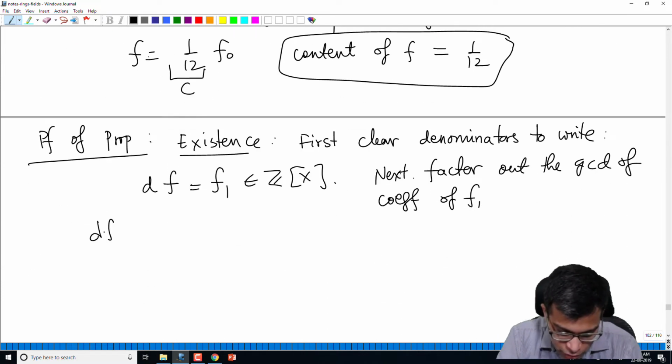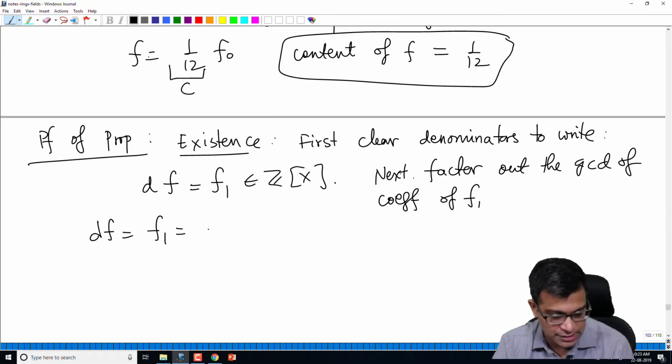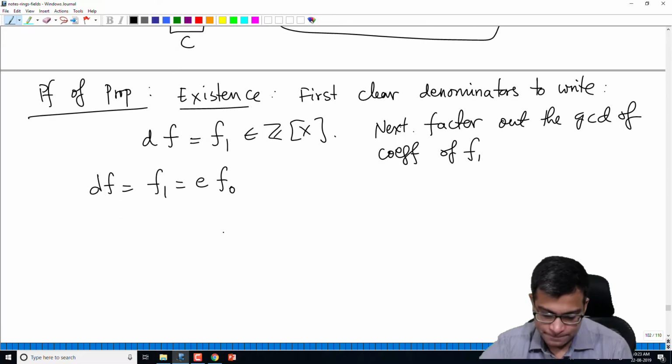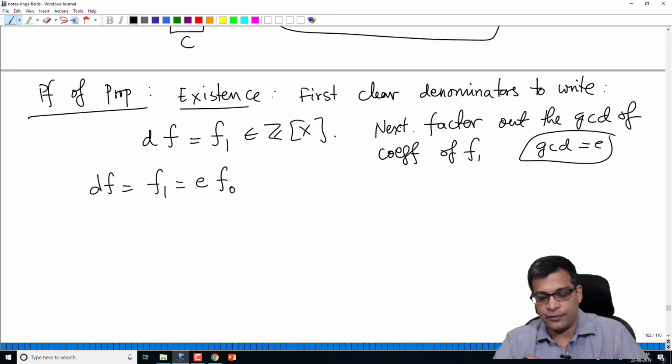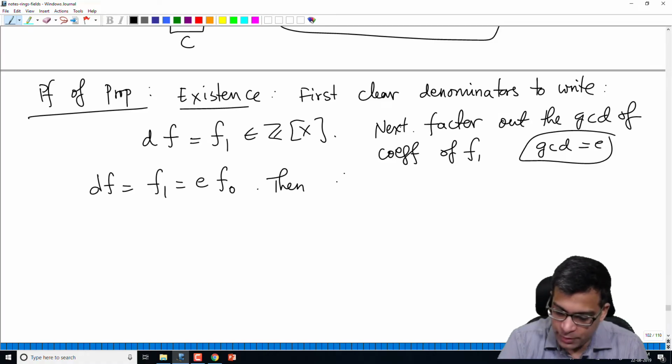But maybe there is some common factor. So we can write this as E times f0, where E is the GCD. I have an integer polynomial, all the coefficients have GCD E, so I pull it out. Then it clearly follows that f0 is primitive.